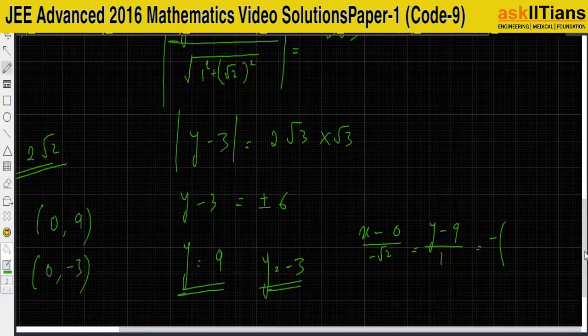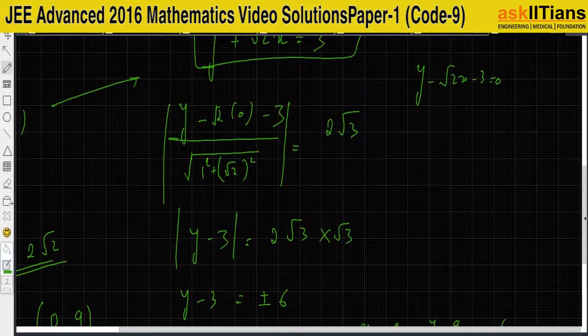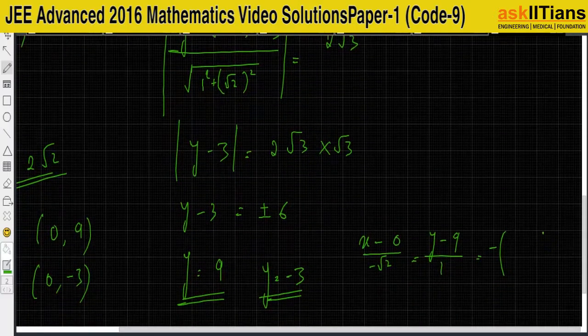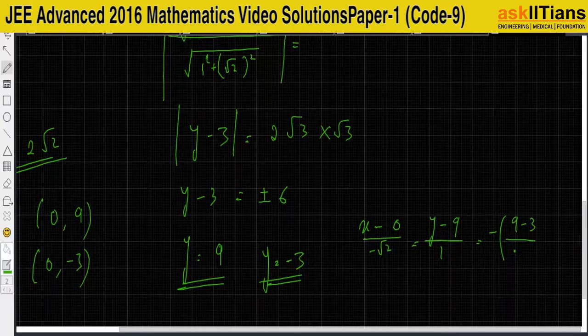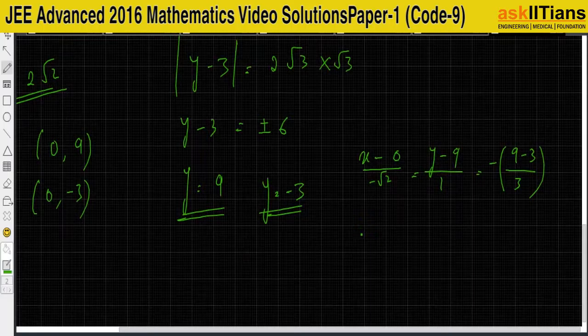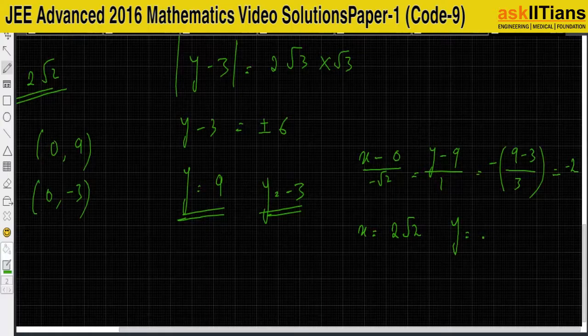If I put the point, x is 0, y is 9, so 9 minus 3, divided by root 2 square plus 1 square, so that will be 3. From here if I solve, I'll get x equal to 2 root 2, and y equal to minus 2 plus 9, that's 7. So the point is 2 root 2 comma 7.